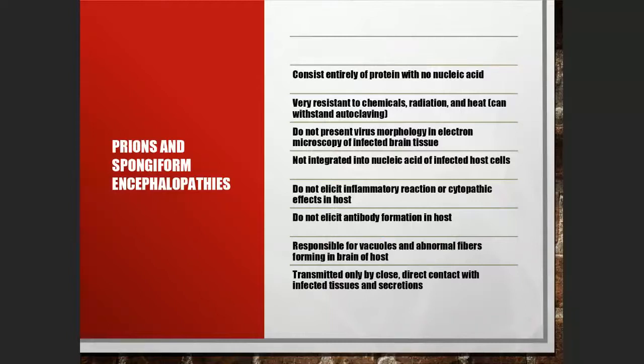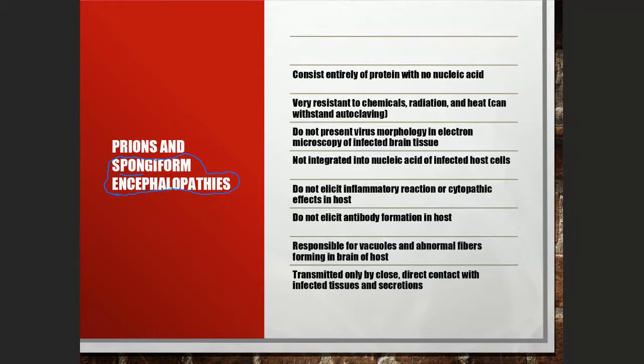Again, mostly in humans, causing the spongiform encephalopathies. It means that the brain cell becomes like a sponge. It destroys the brain cell because of this infection. Mostly the prions are transmitted through the food, especially if someone eats animal brain that may have these prions.